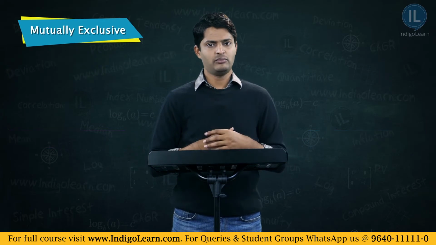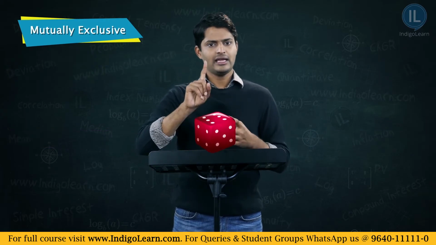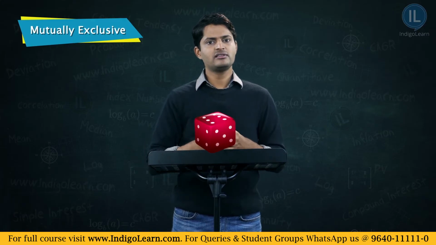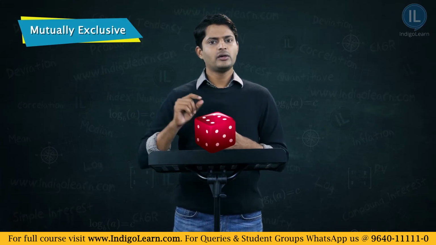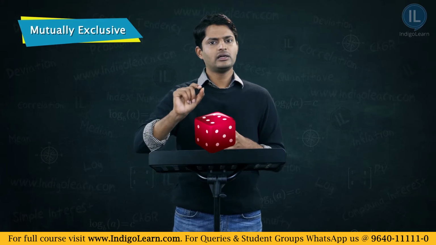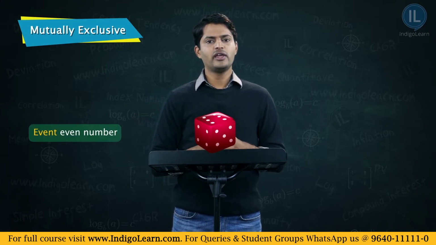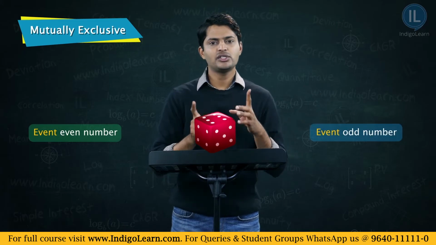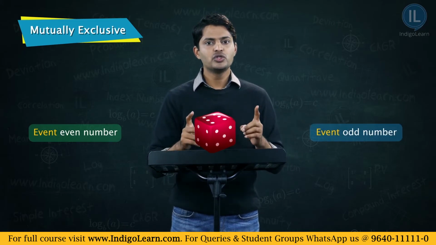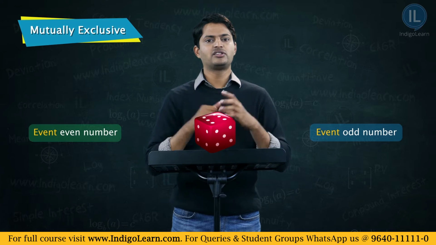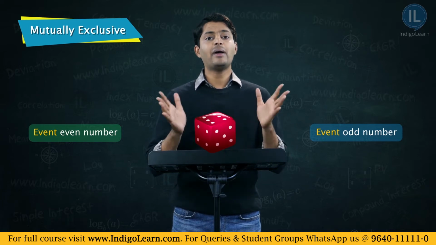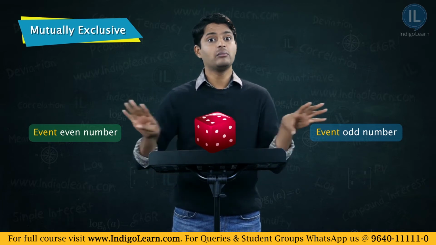Now, let me ask you a simple question. I roll a single die, right, with 6 faces numbered 1 to 6. The probability of the face showing an even number, the probability of the face showing an odd number. My question is, are these mutually exclusive events? They are also called incompatible events. That means they are not compatible, right?